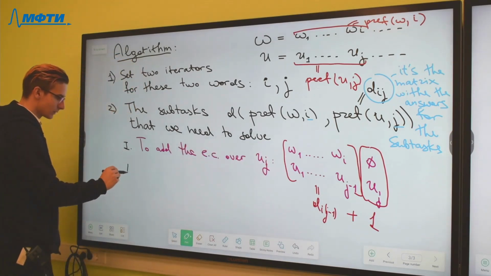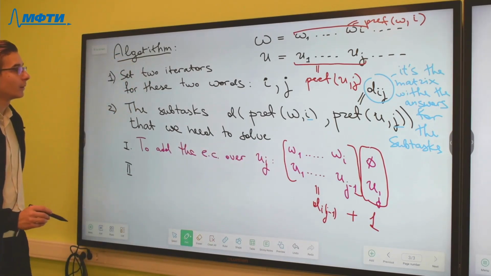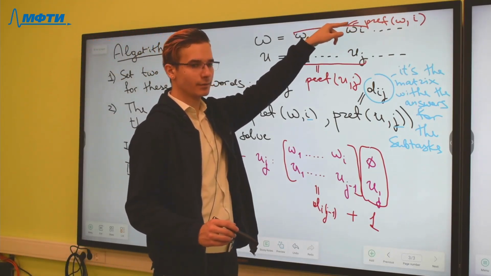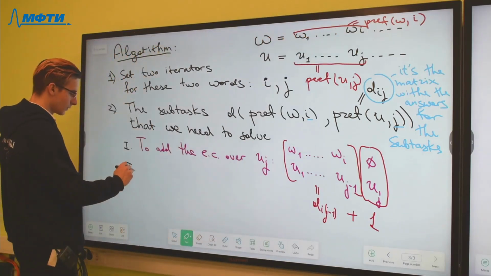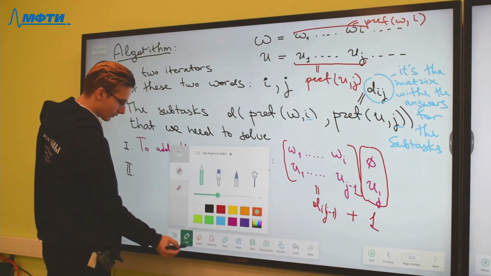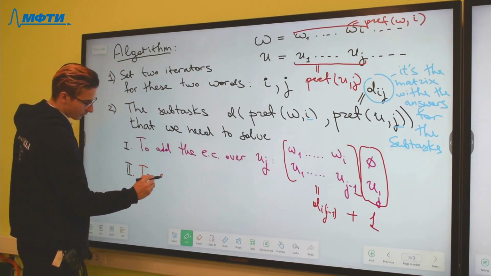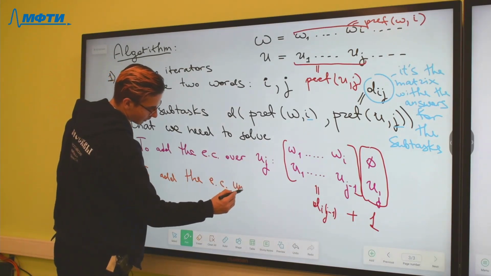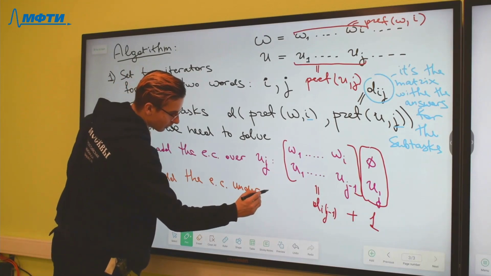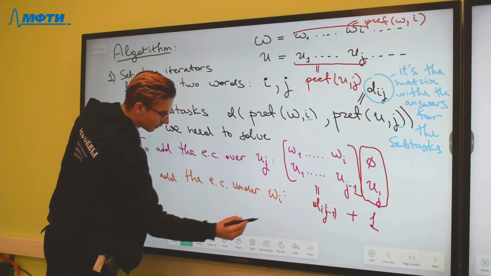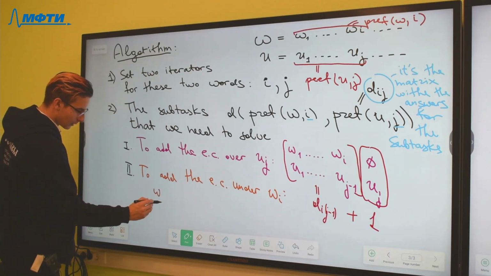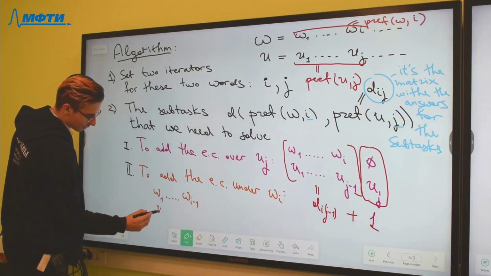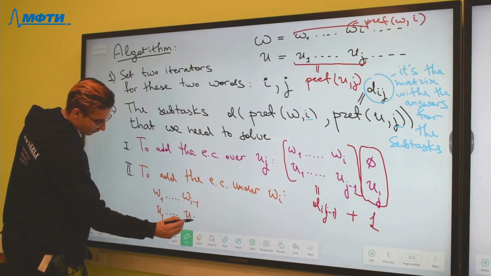The second case is when we add an empty character under the last character of W. And the empty character under, so we can compare these two words.